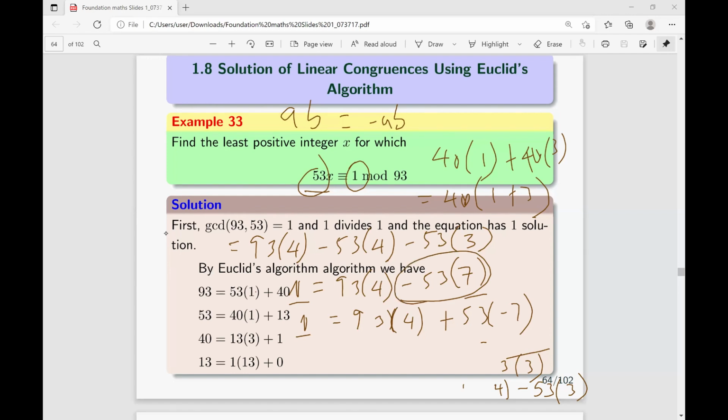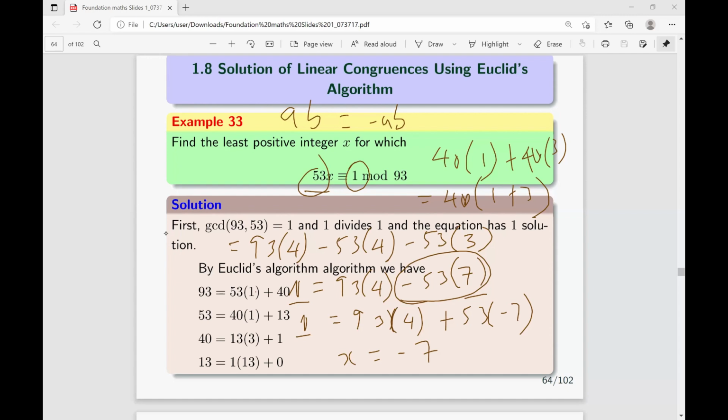So it means the one carrying the negative sign is that 7. What that means is that the number that can be multiplied by 53 to give us 1 is -7.